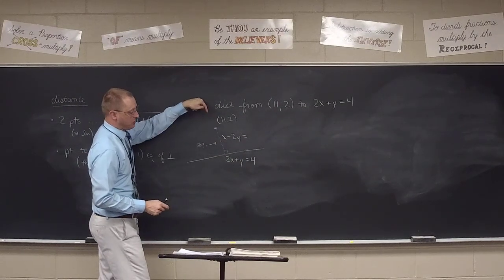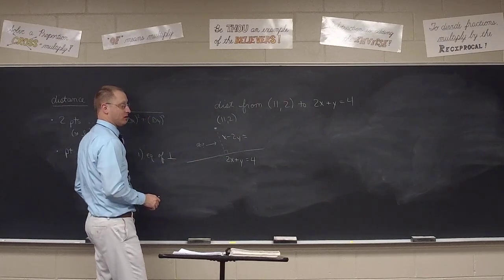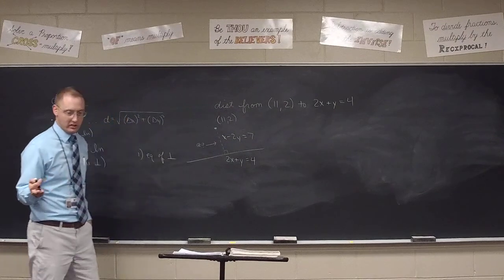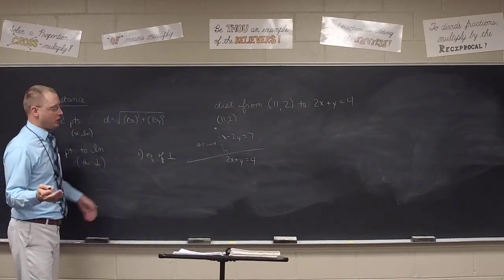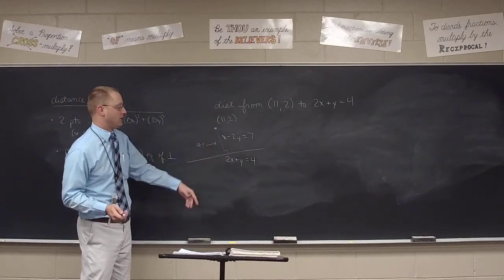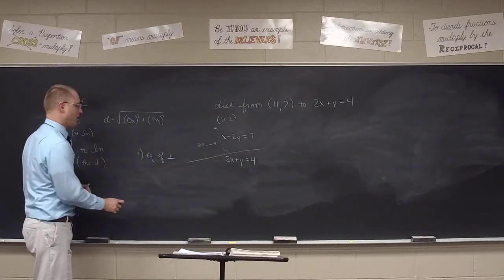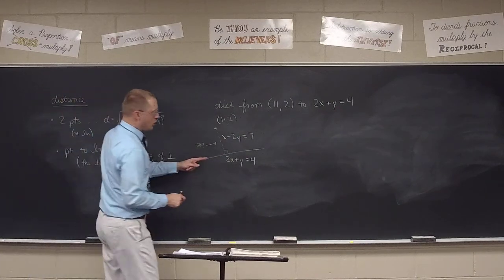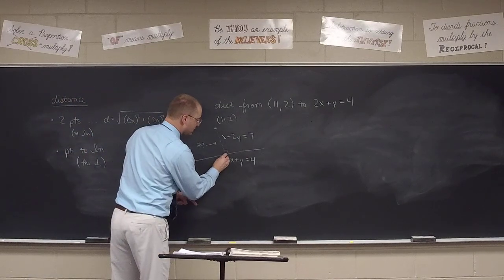So therefore, this particular perpendicular is x minus 2y equals 7. Really easy first step, correct? You're given the equation of a line, and you're given a point, and you're asked to find the distance from the point to the line. Get the equation of the perpendicular. That's not hard.